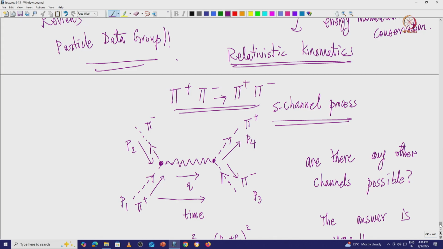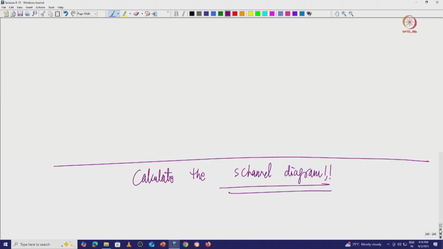So this diagram, the way I calculate is I start with the incoming wave function, the vertex, then the propagator, then the outgoing wave function, vertex, incoming and outgoing wave function 2.